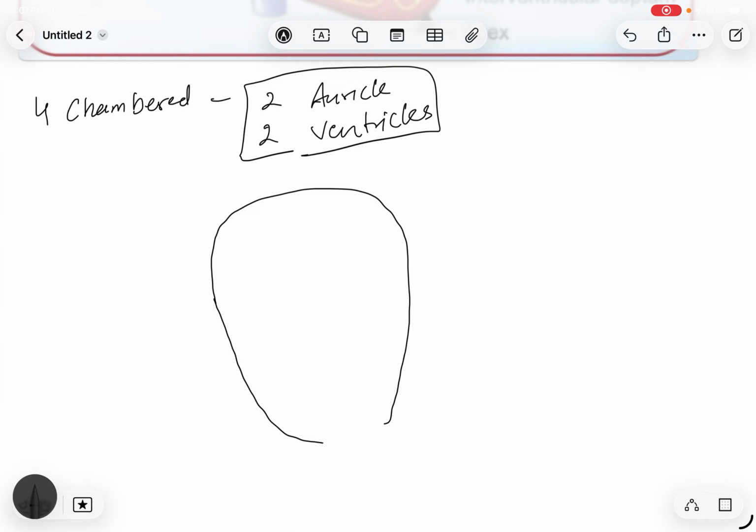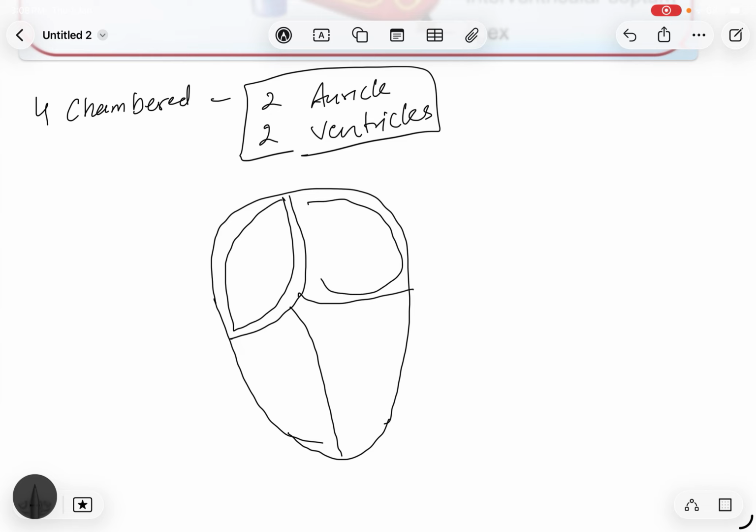The human heart is a clinched shape with about 300 gram of weight, and two chambers are small and two chambers are large.